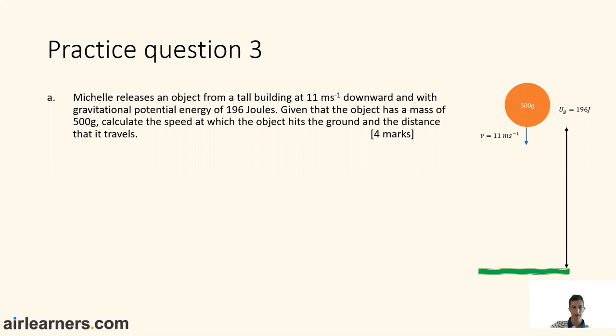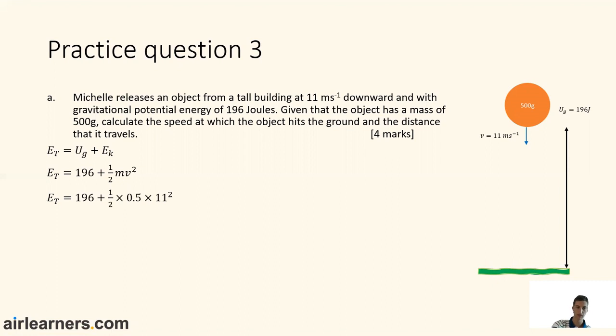All right, now that you've had an opportunity to do this question, let's see what I would do. First thing is to state, it's a bit obvious, but the total energy, like in our bank, is going to be the sum of all our different energies. So it's going to be the gravitational potential and the initial kinetic energy. So it's going to be 196 plus half mv squared.